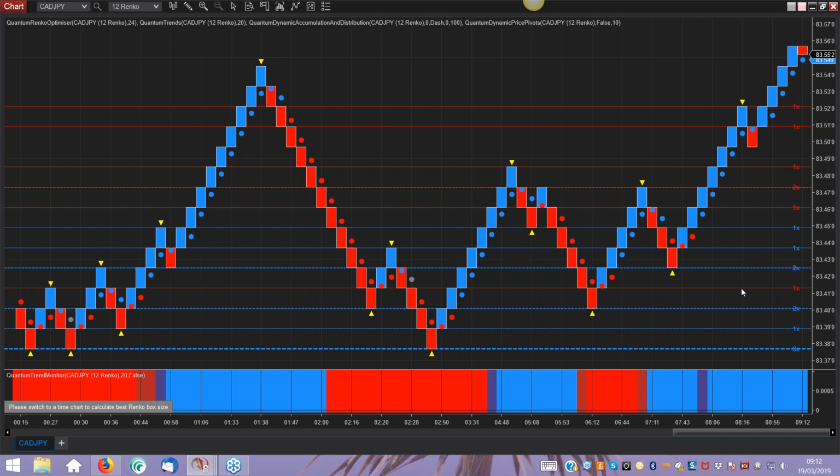For example, here where we had a reversal, the trend dots transitioned into red. The trend monitor didn't really transition at all. It only gave a flicker here once we got to this point into a darker blue, and then we're back out again as the market picks up bullish sentiment again, and we're back out into the bright blue once more.